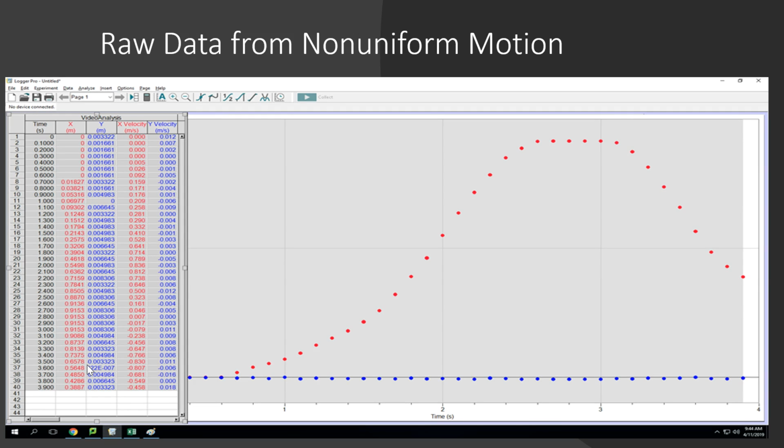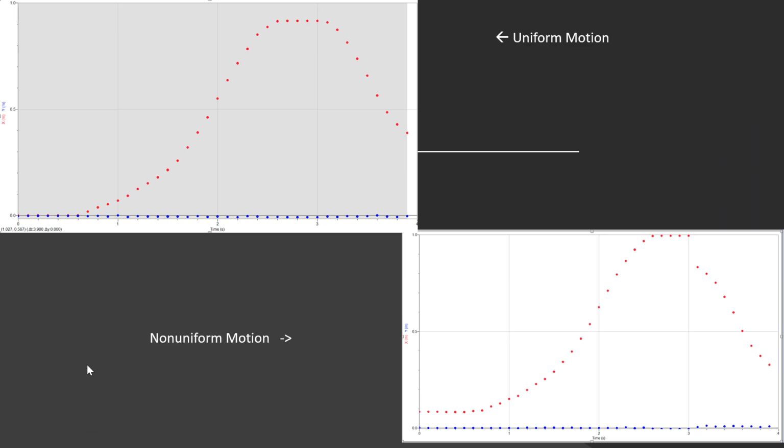It's the exact same amount of information as the last graph. And then here is the refined graph, which will help us out a little bit more. So here's the uniform motion right here, and this right here is the non-uniform motion.